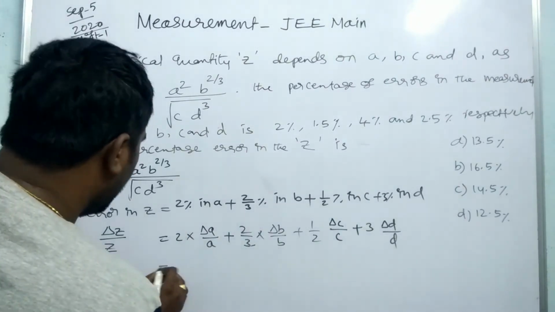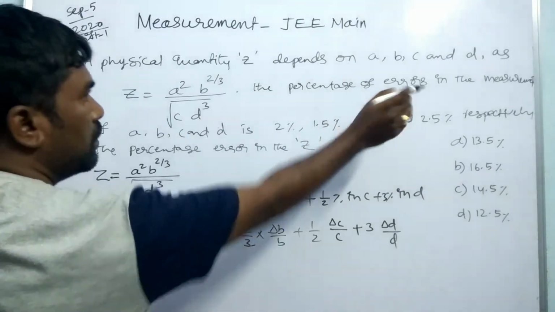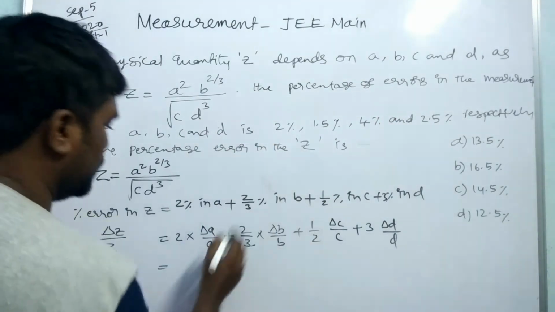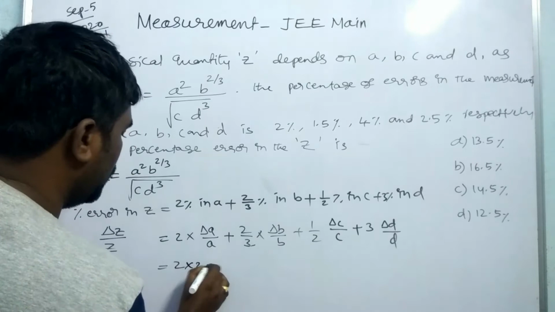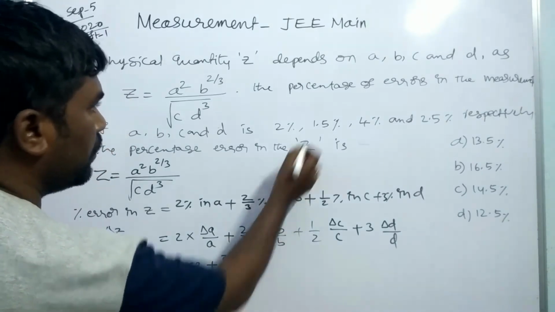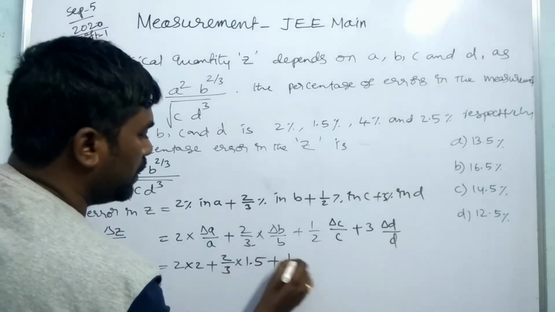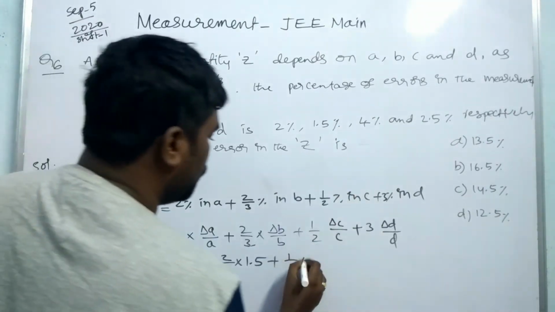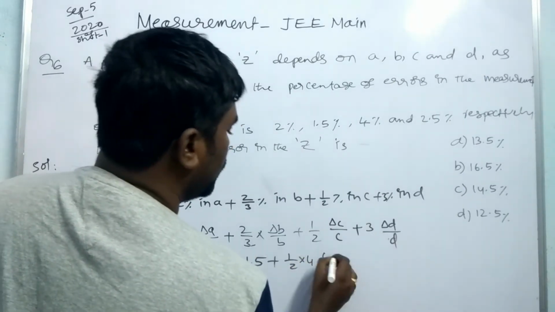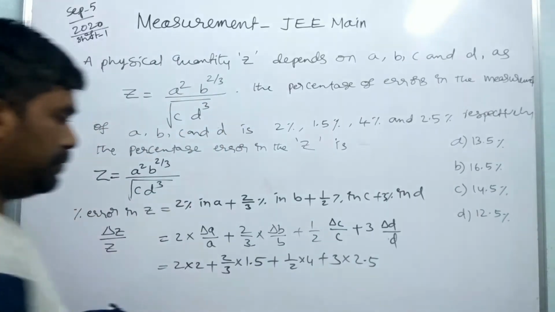So delta A by A is the percentage error in A, which is given as 2%. So 2 into 2, plus 2 by 3 into percentage error in B, which is 1.5, plus 1 by 2 into delta C by C, that is 4, plus 3 into 2.5.